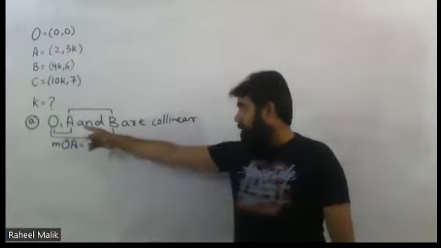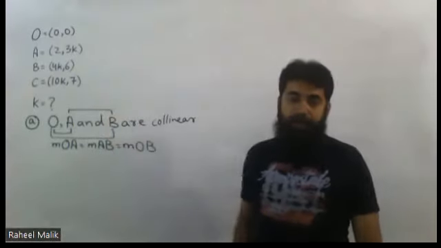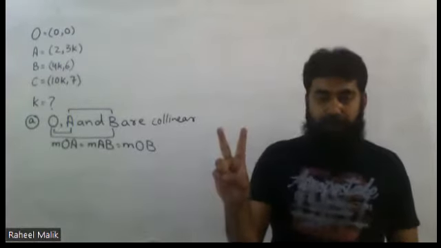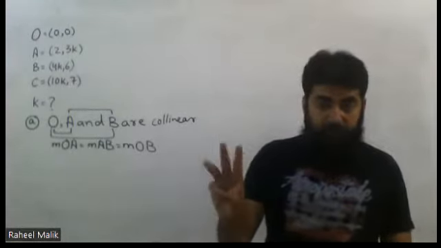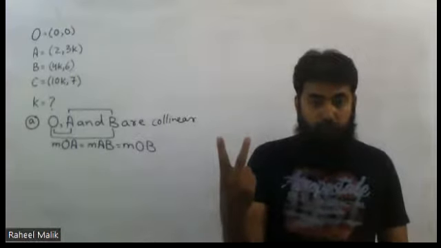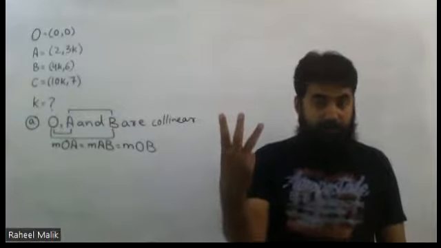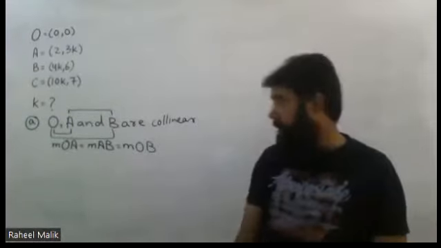Now I have got 3 points, O, A, B, so I will be choosing any 2 gradients. If I have 3 points, I will use 2 gradients. If I have 4 points, I will use 3 gradients. Keep it in your mind.